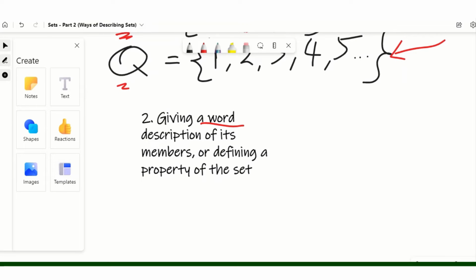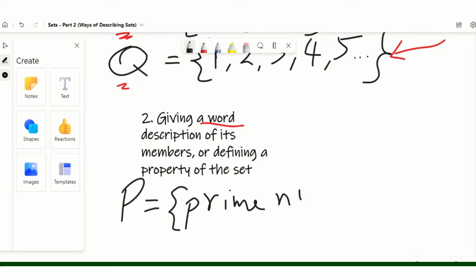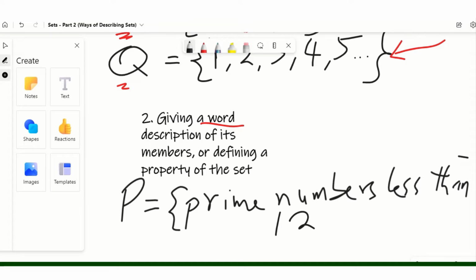So in giving set P a word description, we can say they are prime numbers less than 12.